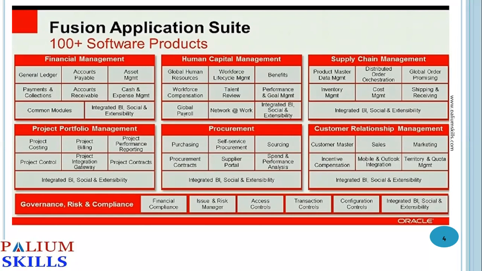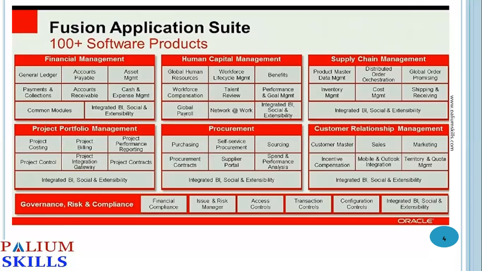And between them, most of it is something like they have an essential core set of modules, and then they tend to build on those modules the other software applications that are there. So for example, if we look at HR, we have the global HR, which is like the core HR. And that is where all the setup and most of the configuration is done.